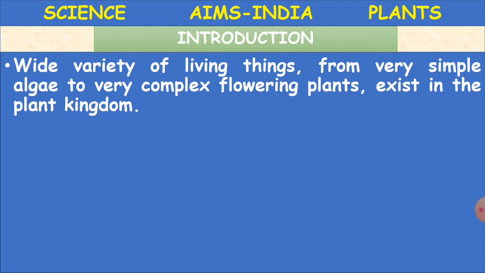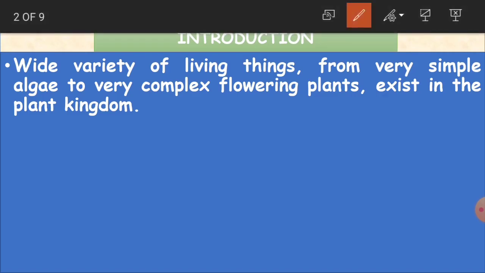Plants are of so many varieties. Some are so simple that they do not have stems, flowers or fruits, and at the other end are very complex flowering plants, complex in the sense, children, of having different parts and connectivity. These types are called complex plants, and here we are learning about that.